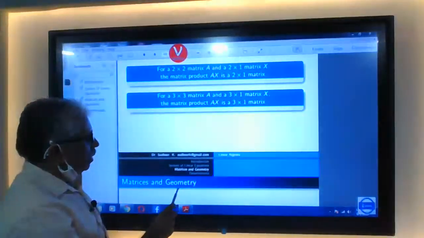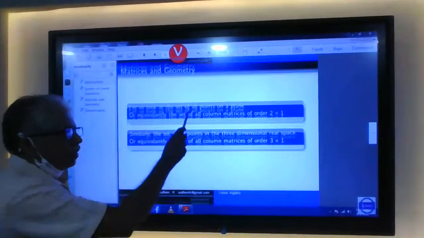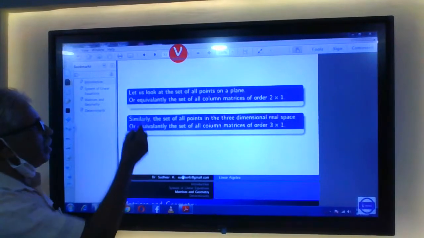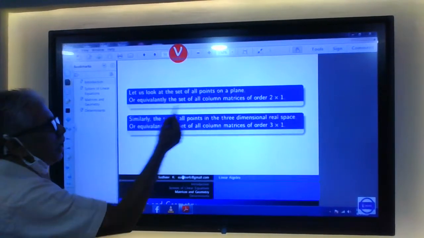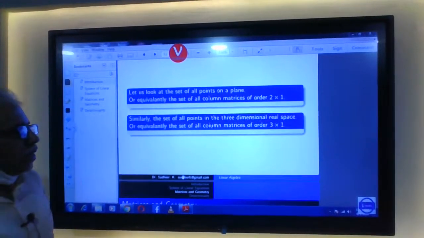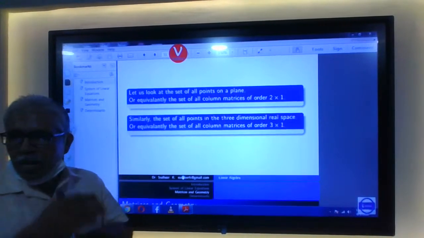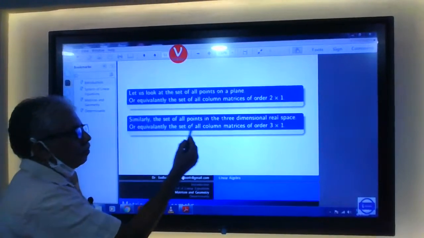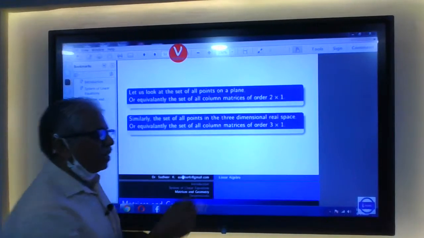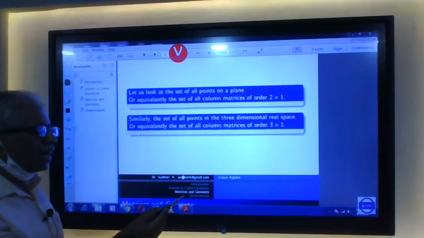So linear transformations will be from a set to a set. You call what properties the set is having. So let us look at the set of all points on a plane, or equivalently the set of all column matrices of order 2 by 1. Similarly, you consider the two-dimensional plane and the three-dimensional space. The name three-dimensional real space requires some explanation, I'll come to it later.